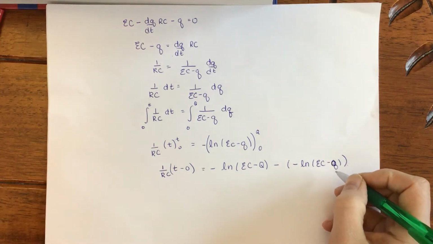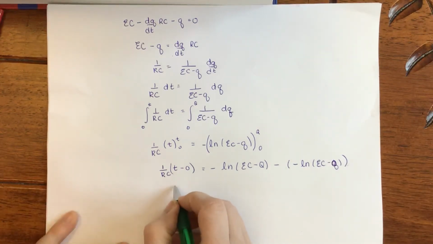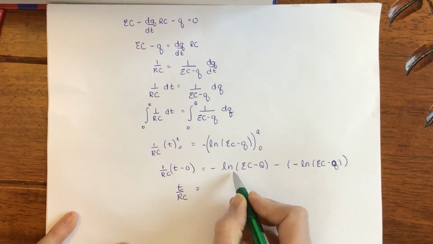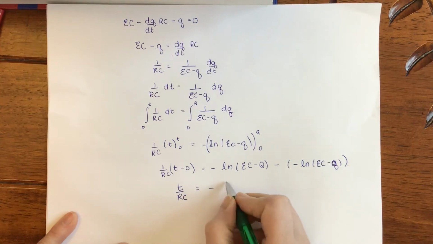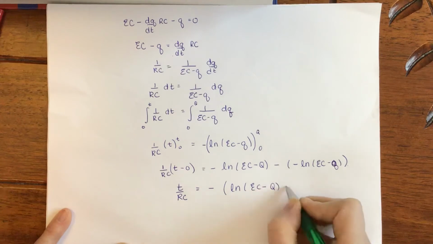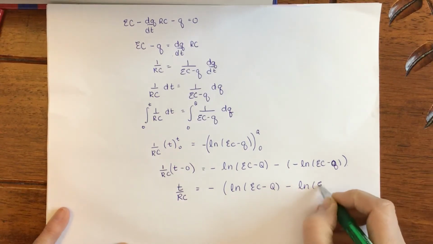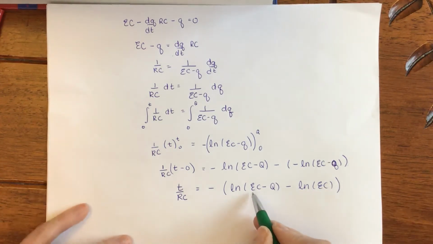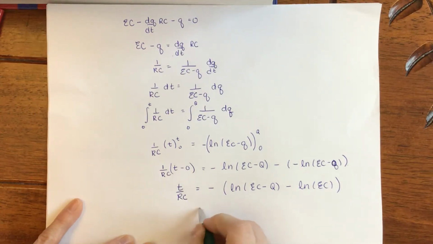Didn't want to drop that 0. So we have t over RC equals minus natural log of epsilon C minus q, minus natural log of epsilon C. We can use our logarithm identity that if you have log a minus log b, that's the log of a over b.